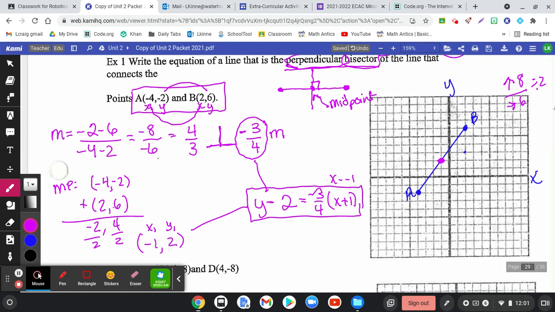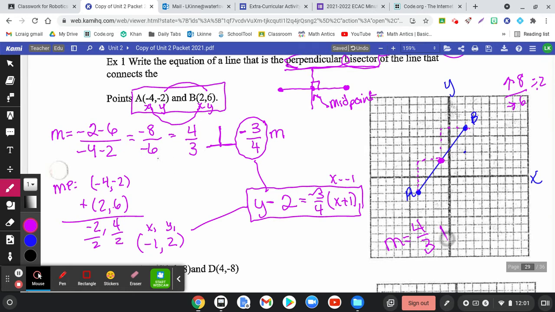All right, now your slope. Again, let's pretend we didn't do it algebraically. Now your slope, you're going up 4 over 3, up 4 over 3. So your slope is 4 over 3, which we found over here using this formula.